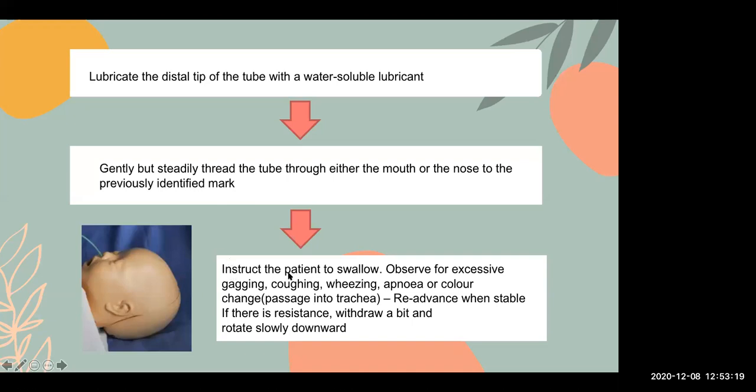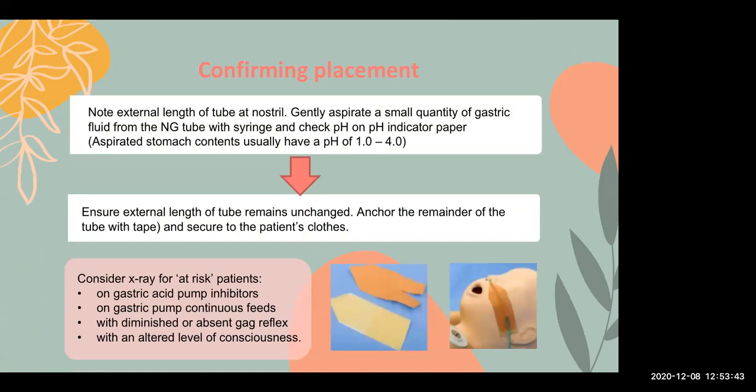Then we can instruct the patient to swallow. Observe for excessive gagging, coughing, wheezing, apnea, or color change. This may be because the passage goes into the trachea, so we need to re-advance when the patient is stable. If there is resistance, withdraw a bit and rotate slowly and downward. I will show the video after this.